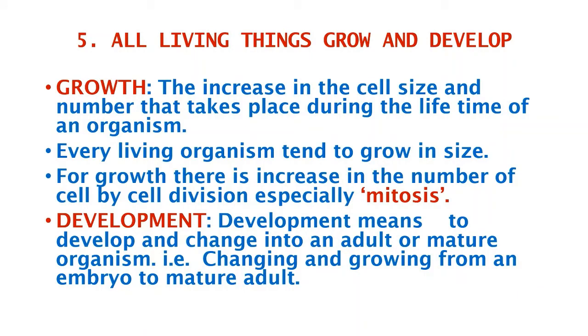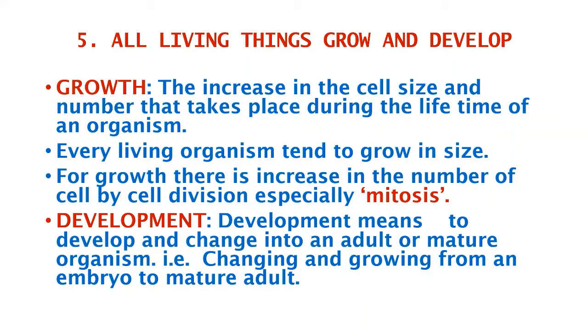The fifth character of living beings is that all living things grow and develop. All living things can grow. Their cells can grow in size, and the number of cells increases.